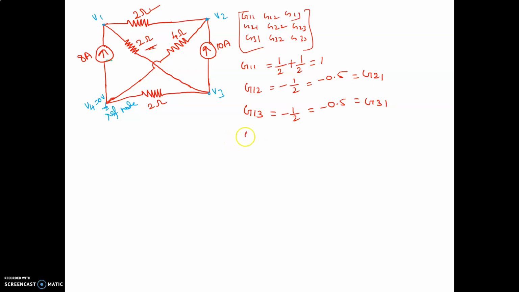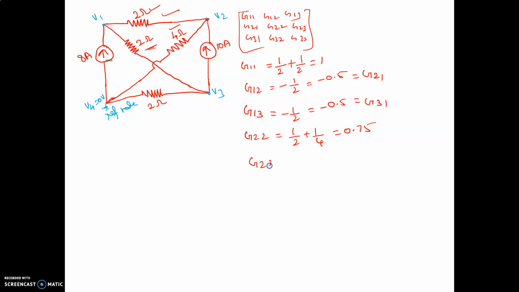Next G22. G22 is equal to the reciprocal of the resistances connected to node 2, this 2 ohm and 4 ohm resistance. So 1 by 2 plus 1 by 4 is equal to 0.75.